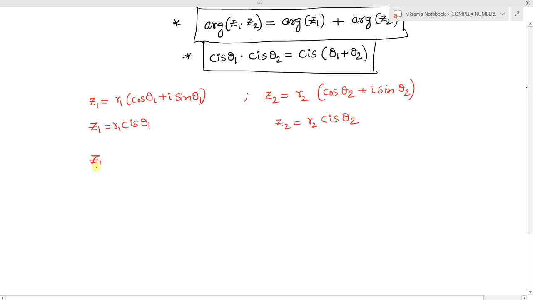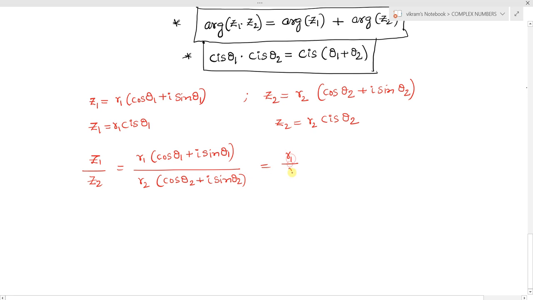Then z1 by z2 equals r1 times cos theta 1 plus i sin theta 1 by r2 times cos theta 2 plus i times sin theta 2, where r1 and r2 are the moduli.